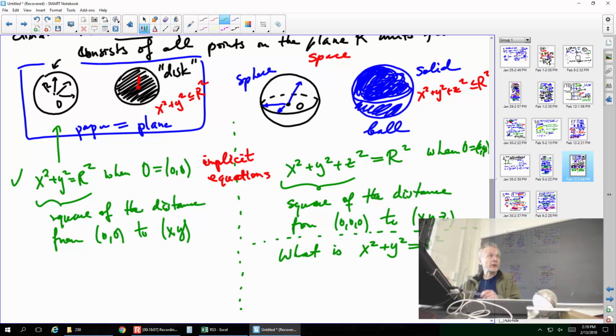Well, let me tell you right away, it's not a circle, and it's not a sphere. Why is it not a circle? Because it lies in the three-dimensional space to begin with, and it's not a sphere because we already have the equation for the sphere, so that's not a sphere. So what is it?